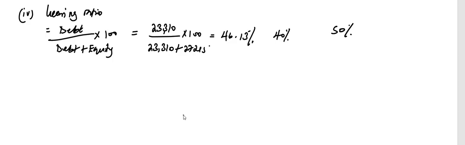So the group is not as highly leveraged as the industry, because the industry is 50%, but the ATL group is 46.13%. Then at 40% for the similar sized, it means that this group is more reliant on debt than its direct competitor.